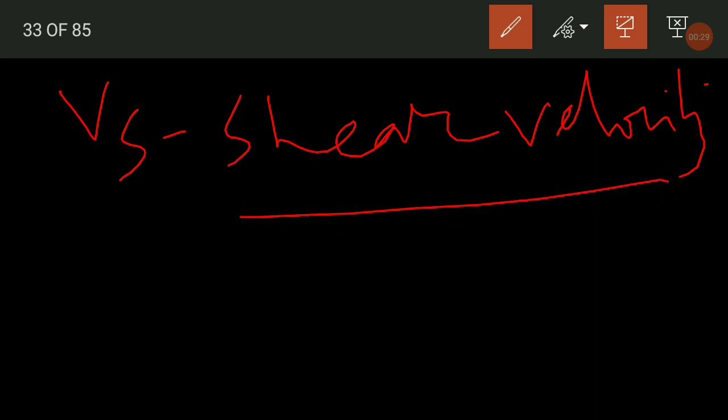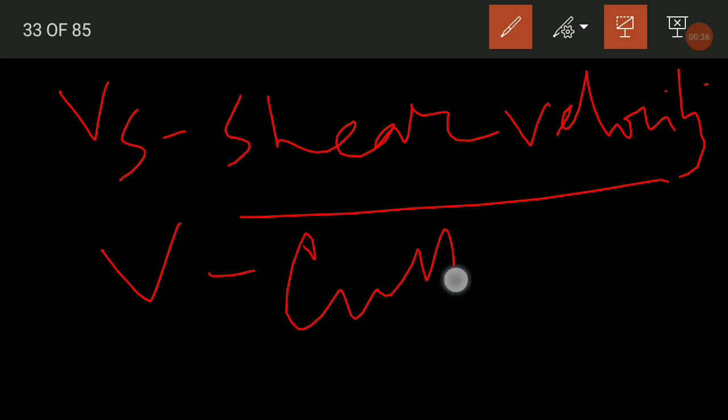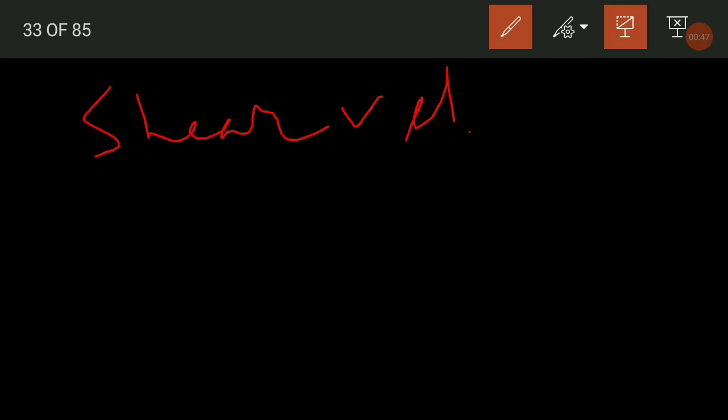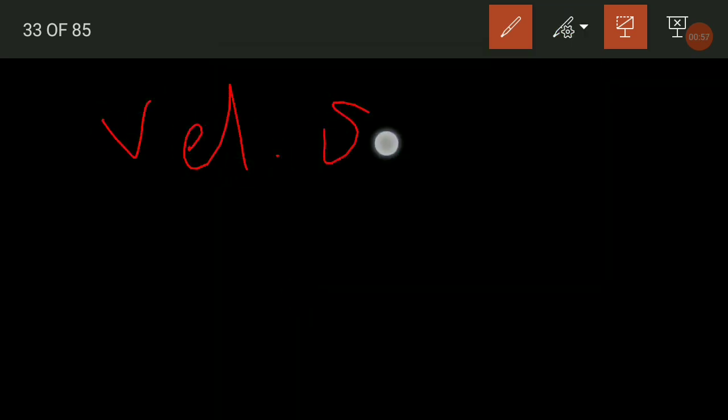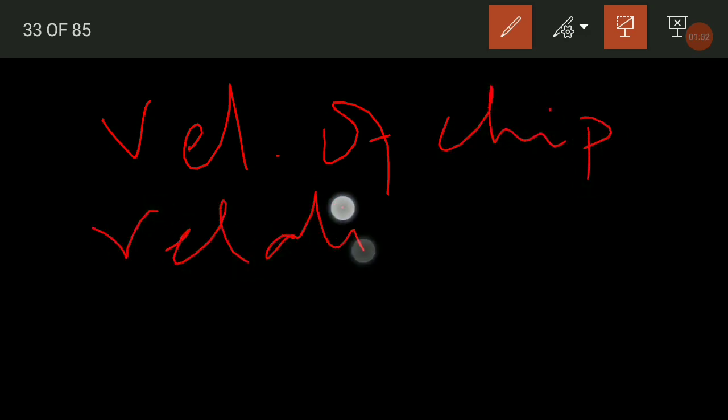One is Vc, the chip velocity. Next is Vs, the shear velocity, and next is V, the cutting velocity. Now what is shear velocity? Shear velocity is the velocity of the chip relative to the workpiece. You must keep in mind, shear velocity is the velocity of the chip relative to the workpiece.